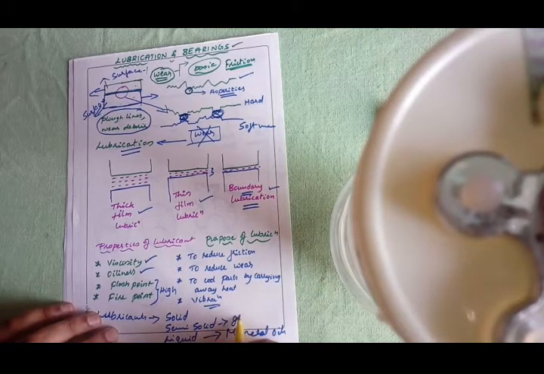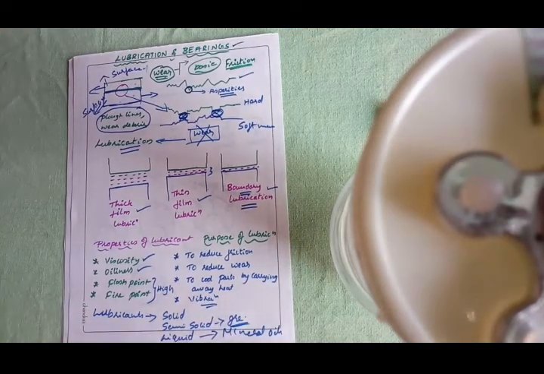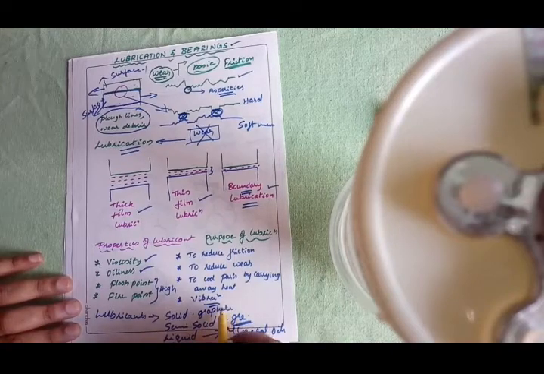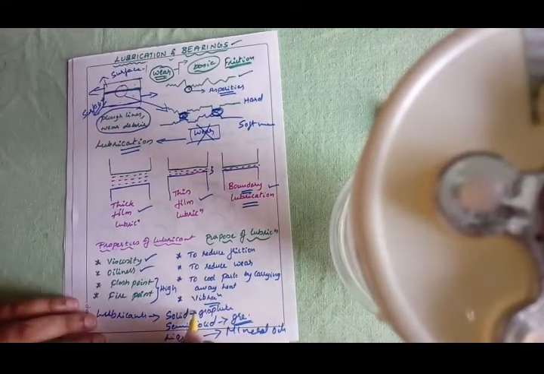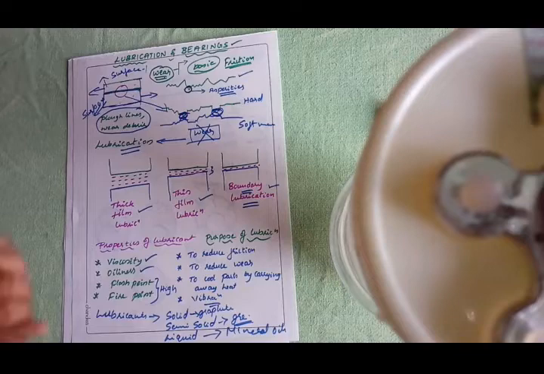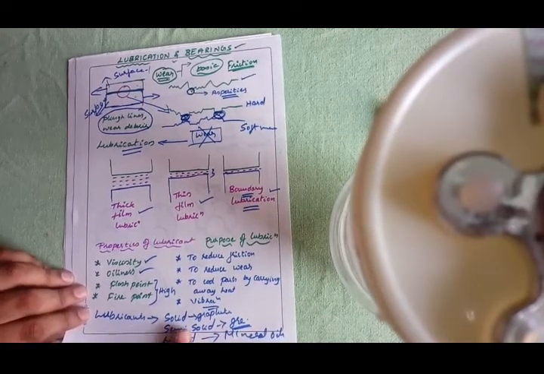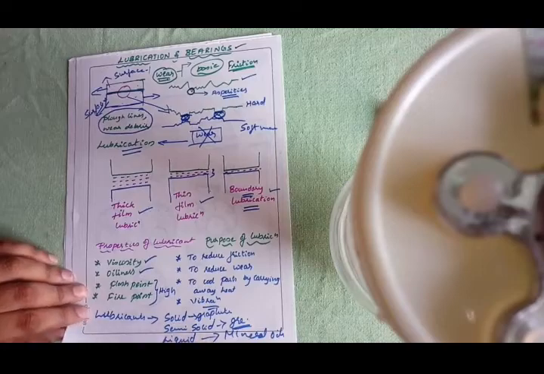Grease is one example of a semi-solid. And for a solid lubricant, graphite is one of the examples. So these are the different types of lubricants which are available. Based on the suitability, you need to pick the lubricant.